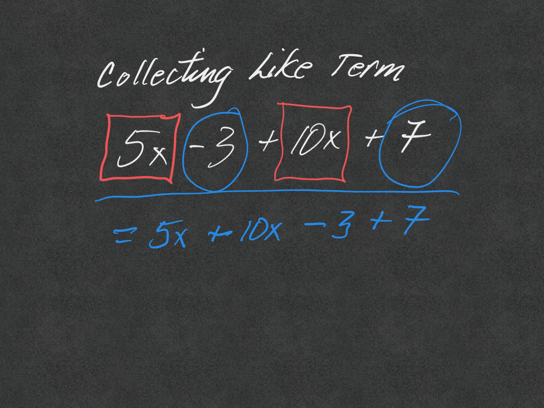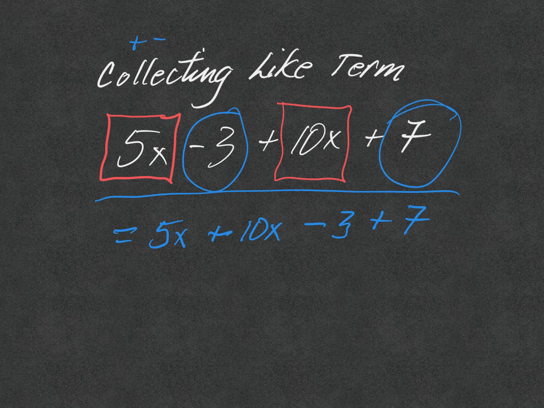So in other words, I've used the commutative property to switch the 10x and the negative 3, switch their positions. Now I'm going to use the associative property, and when I collect like terms, they're really saying add or subtract. That's what they mean. Add or subtract the like terms.